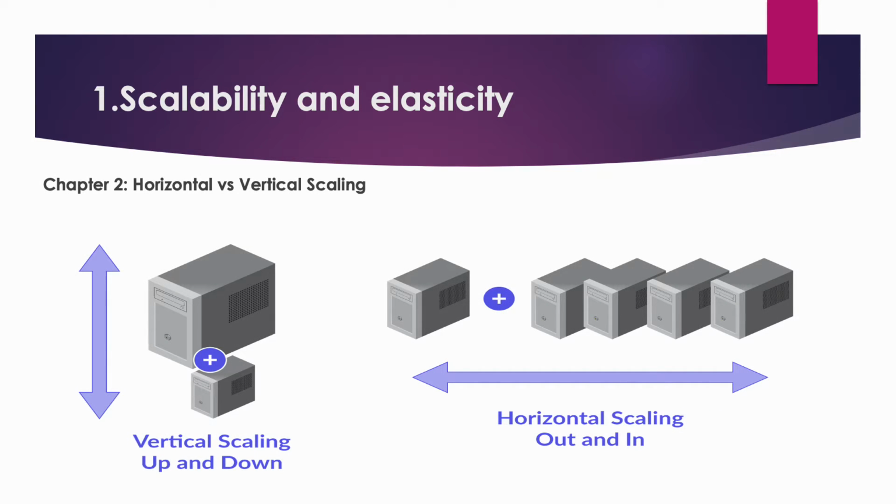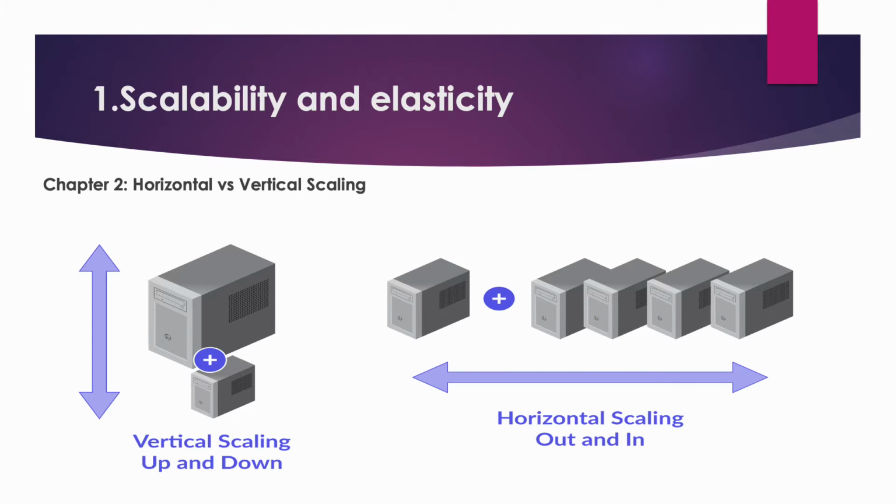There are two types of scaling: horizontal scaling and vertical scaling. In horizontal scaling, you add more instances of your application as workload grows. For example, if an application initially handled 1000 requests per second with two instances and traffic doubled to 2000 requests, you can add two more instances to handle the load.